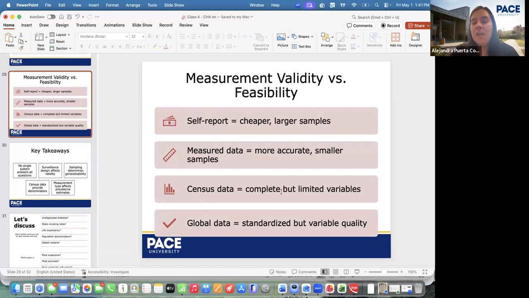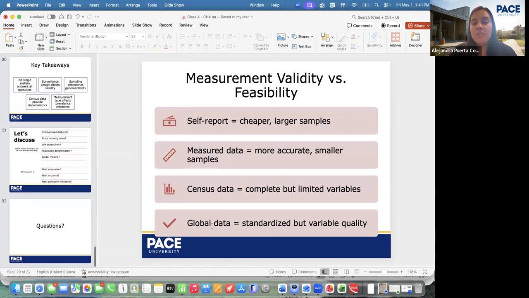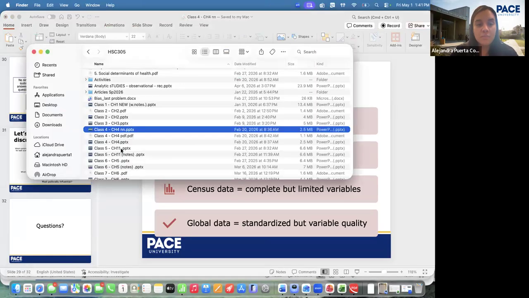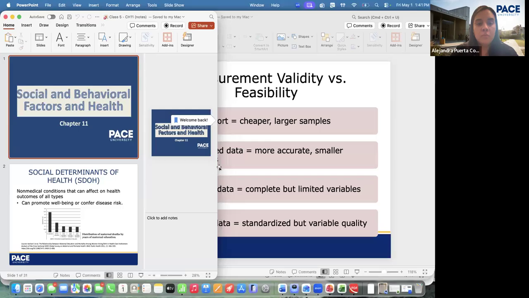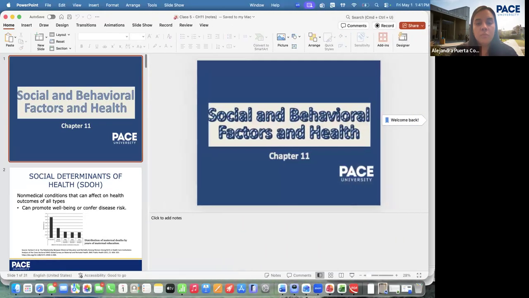For the census data, you'll have very complete data, but limited variables because you cannot take into account all the variables, right? And then with global data, you'll have standardized results, which is good when you are trying to compare within countries. Okay.